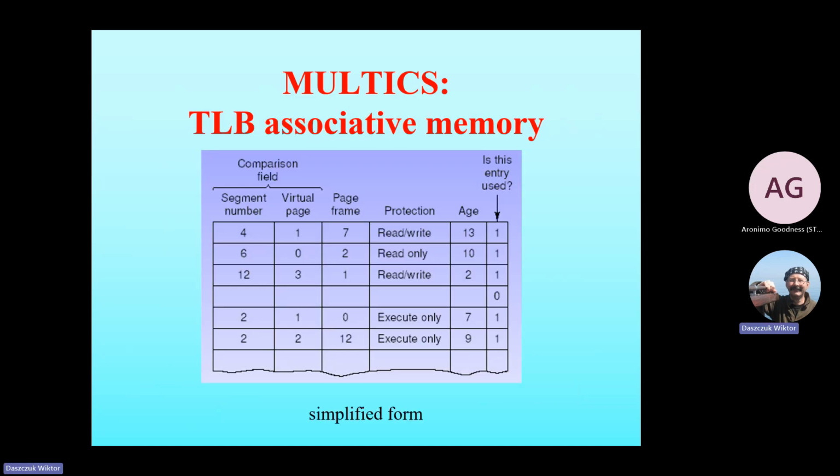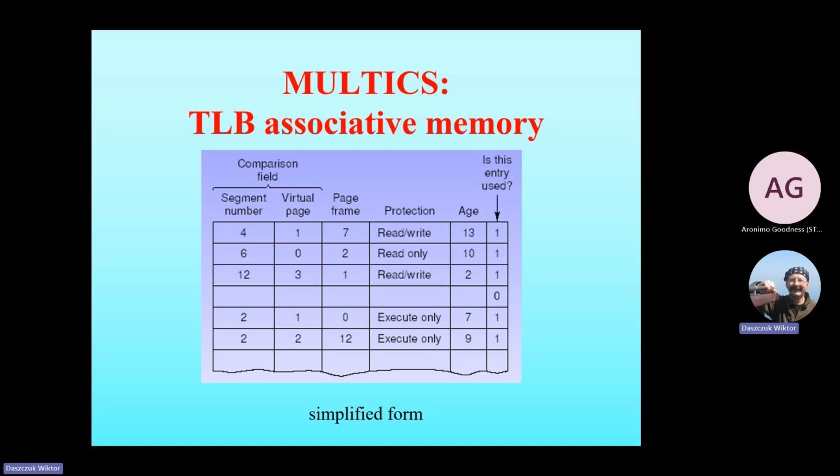This is example of TLB in Multics. We know it. It is page number, but for page number we must know from which segment is the page. So segment together with page are the key in associative memory. Frame number is the result.